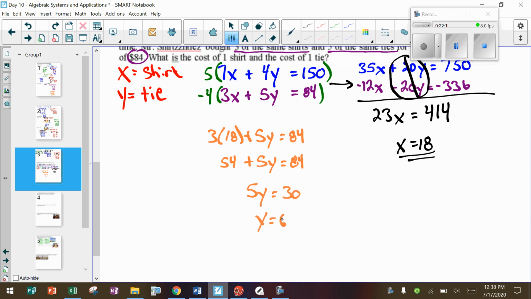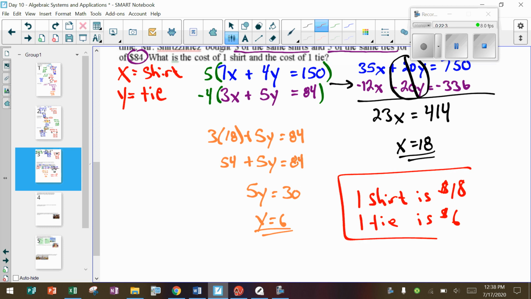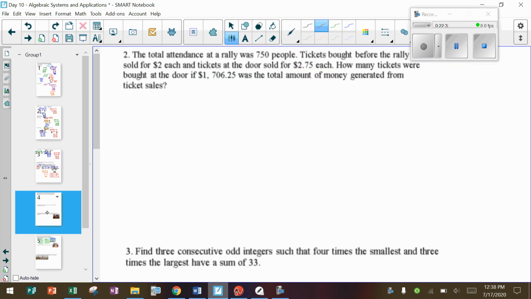So that means each shirt, one shirt costs $18, and one tie costs $6. Bada bing. Okay, next page, next example.